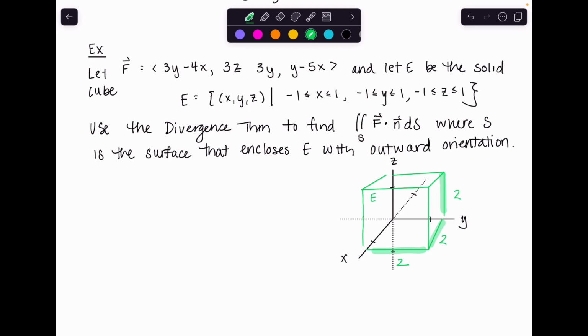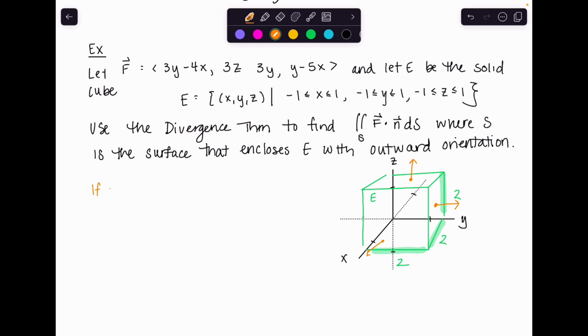So this is E. If I didn't want to use the divergence theorem and I wanted to find the surface integral, you'd have 6 different surface integrals that you'd have to evaluate, because on each one of these you have a different parametrization and a different normal vector that's pointing outward. And then here in the front it would be pointing out like this.